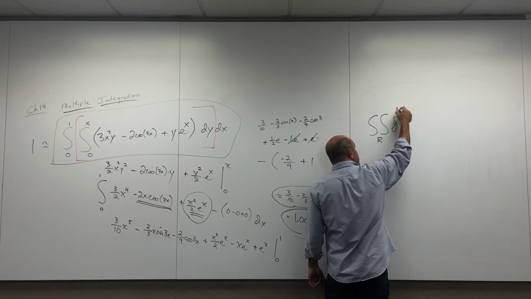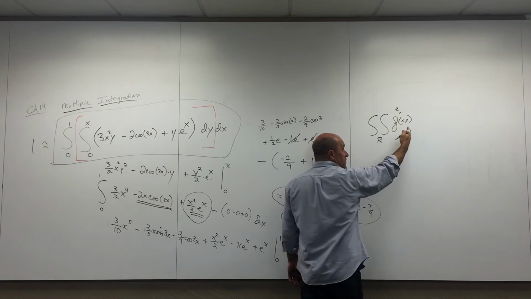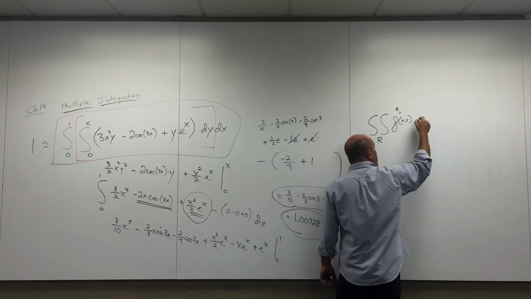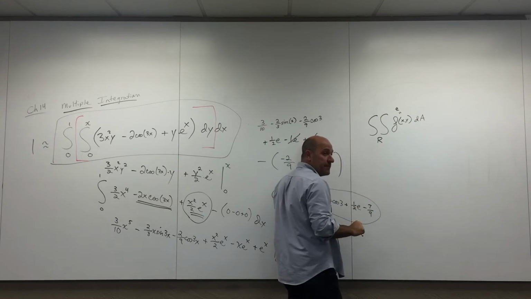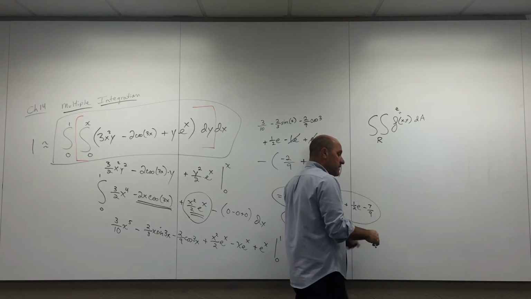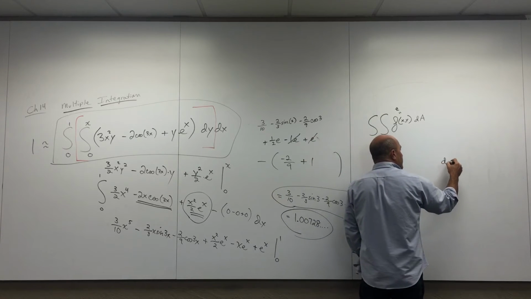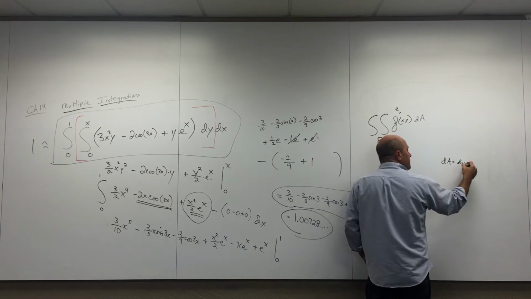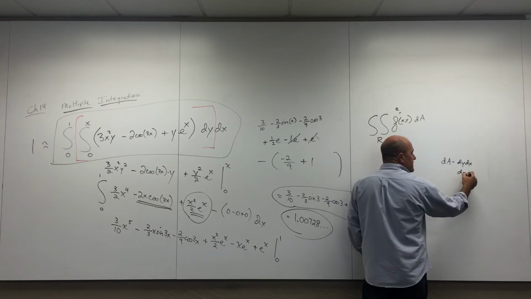So this is some 3D surface. We integrated this 3D surface over the region R, with respect to A, the area of that region R. Now, my little dA turned out to be, in this problem, dy dx. There's other problems where it's dx dy.